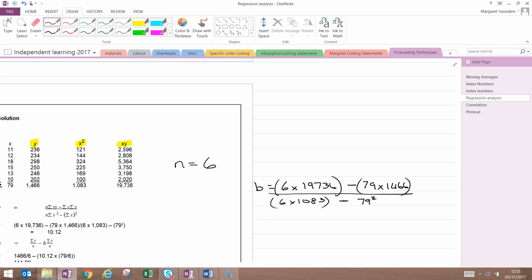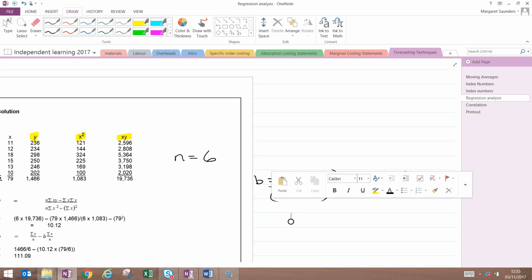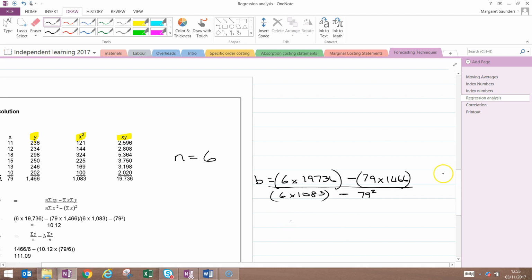And if we work this out, we will get the value of B. So B equals 10.12. When you're working this out, try not to do the whole calculation in your calculator in one go. It's worth doing it in stages to guarantee that you get the correct answer.